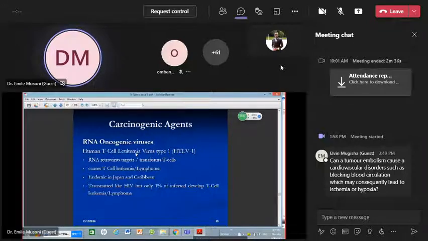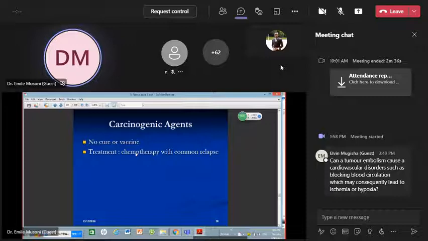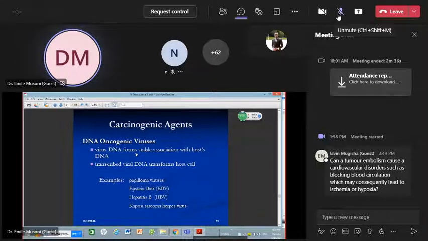For example, human T-cell lymphotropic virus type 1 has no cure or vaccine. Maybe it was a confusion. Okay? But the cancers are curable at early stage. Some types like lymphoma in children and seminoma are curable.